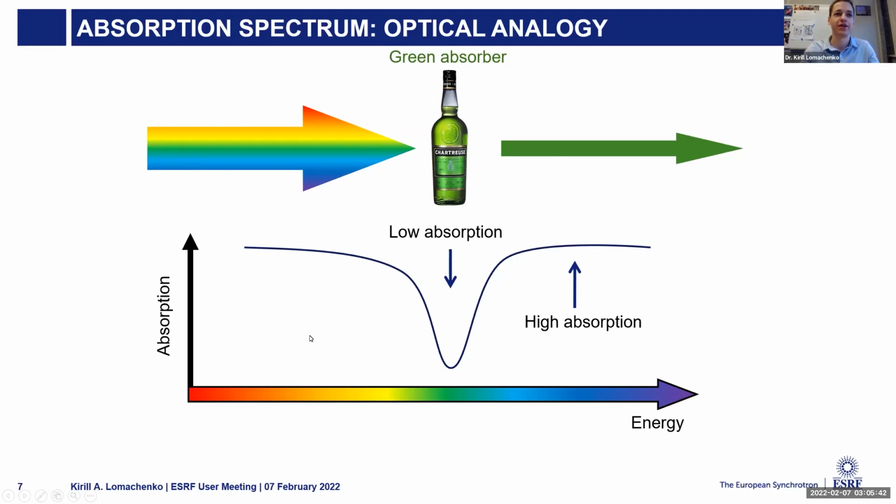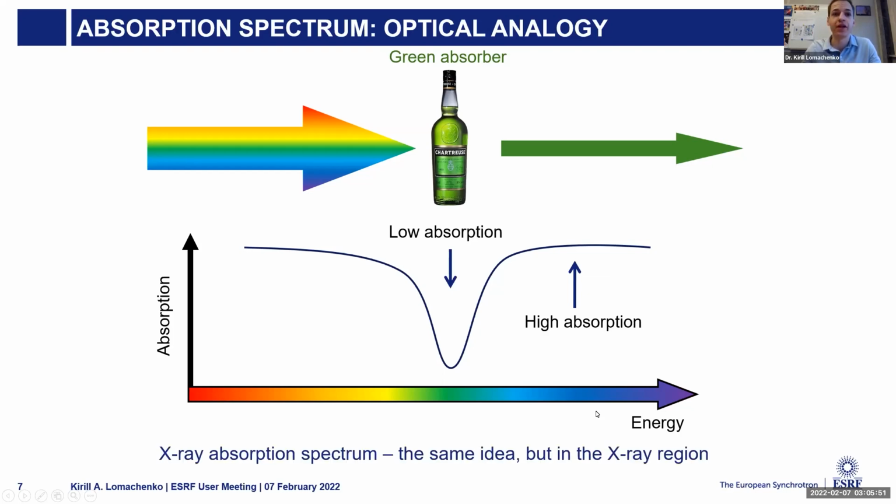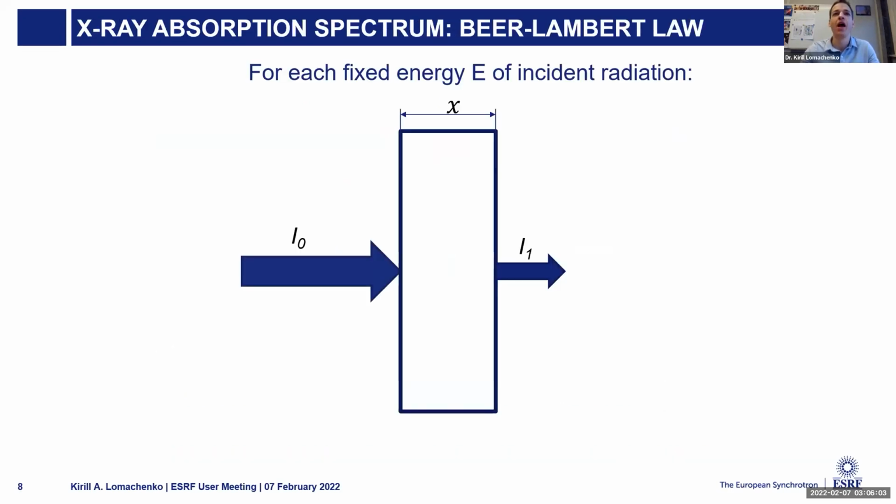This dependence of how much you absorb on the energy of the light is basically an absorption spectrum. An X-ray absorption spectrum is the same idea, but in the X-ray region. So we don't have colors, but we still have different energies of X-ray photons.